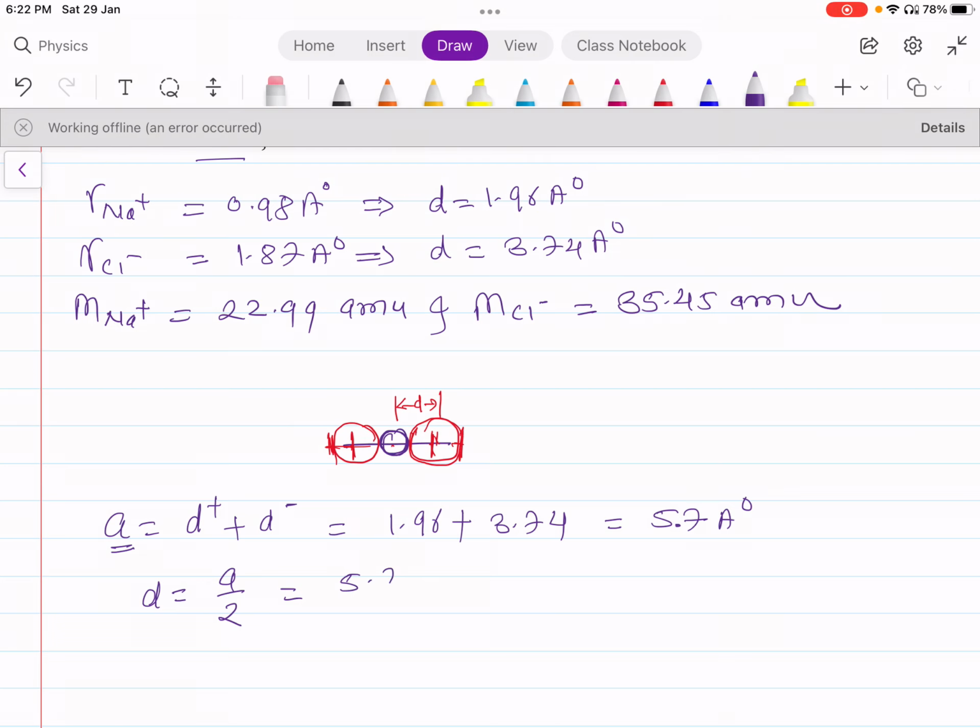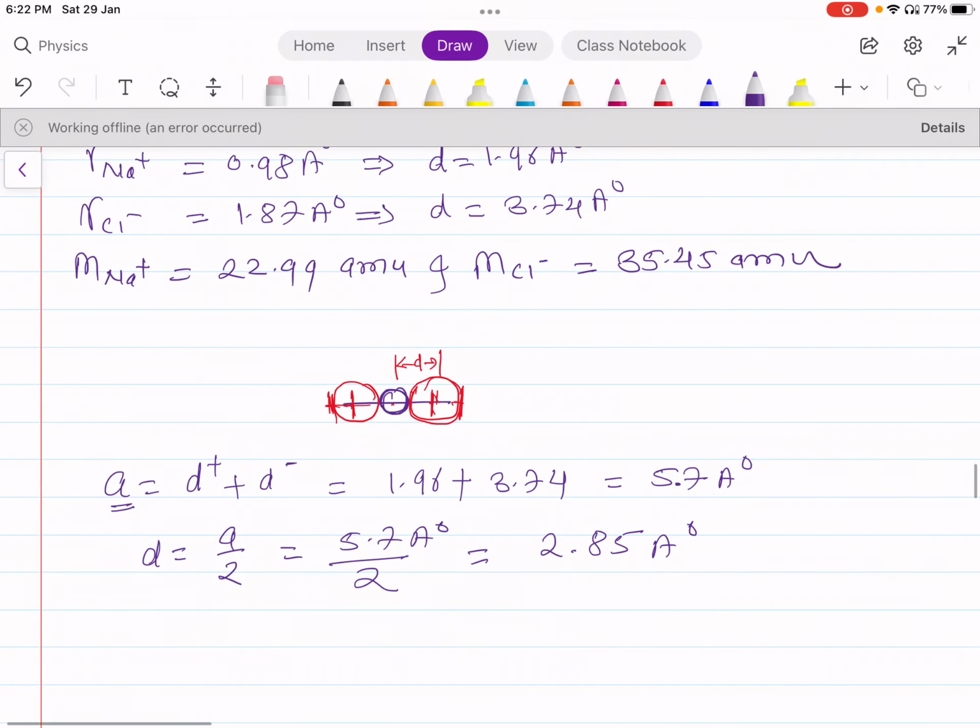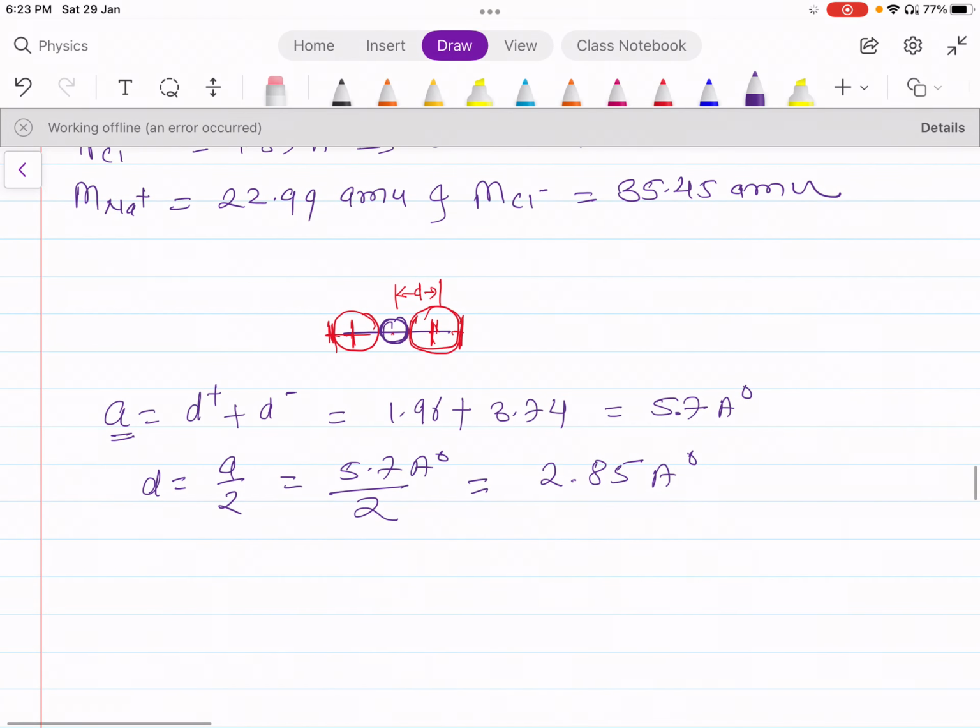So 5.7 angstrom divided by 2. And that is equals to 2.85 angstrom. That is interatomic distance.